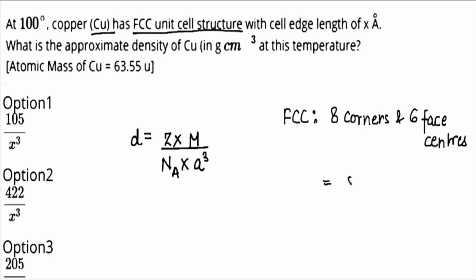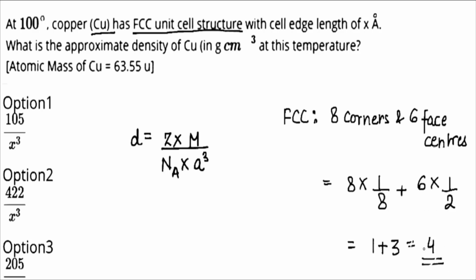So it will be equal to 8 into 1 by 8, this 1 by 8 is the contribution of the atom at the corner per unit cell, plus 6 into 1 by 2, this 1 by 2 is the contribution of the atom at the face center per unit cell. So the value of Z will be 1 plus 3, it will be 4. So 4 atoms are present in one unit cell for FCC.